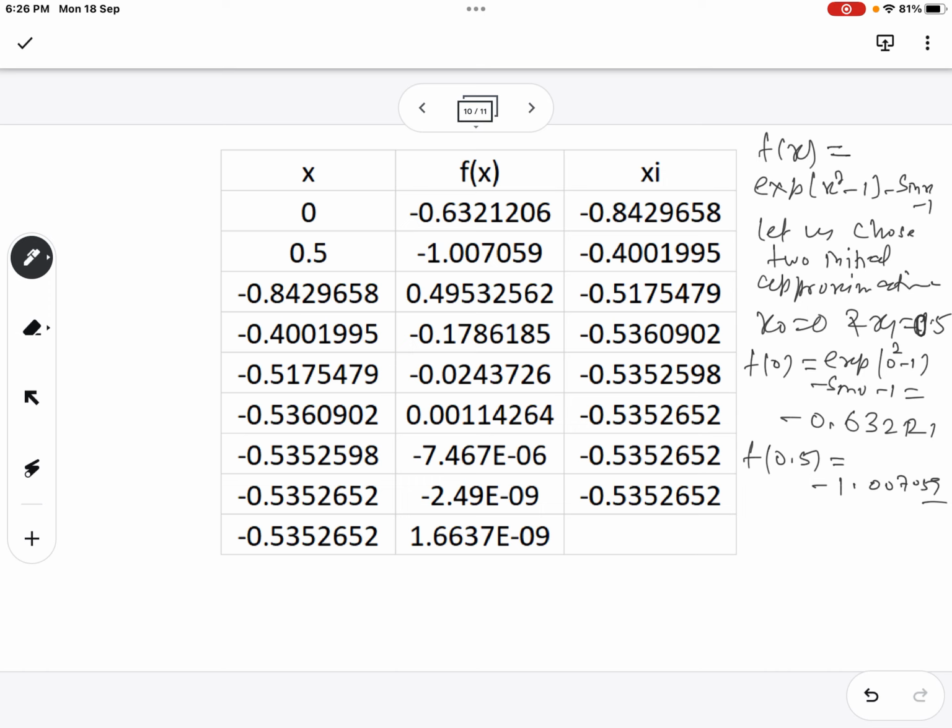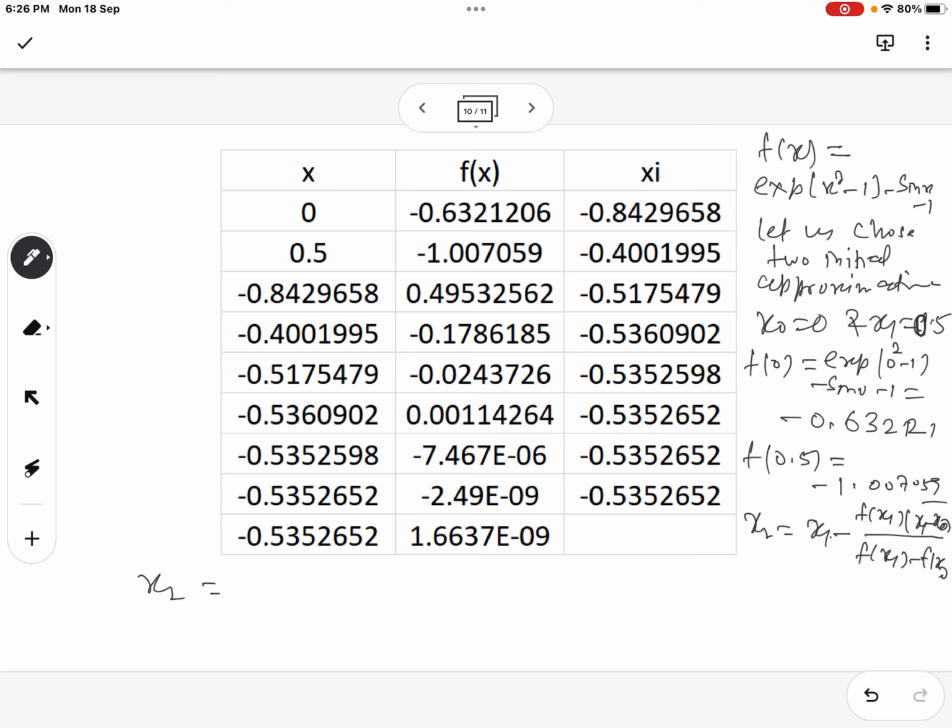And using this, when we plug these values in the equation, x2 is equal to x1 minus f at x1 times x1 minus x0 divided by f at x1 minus f at x0.